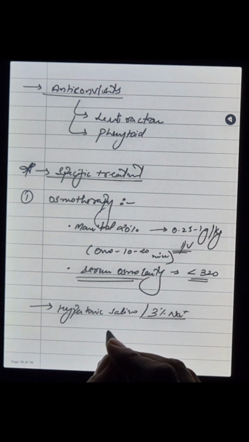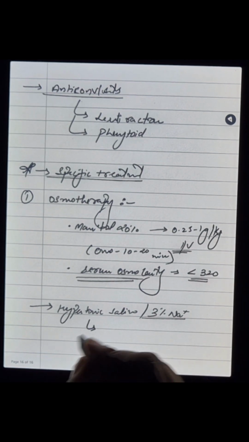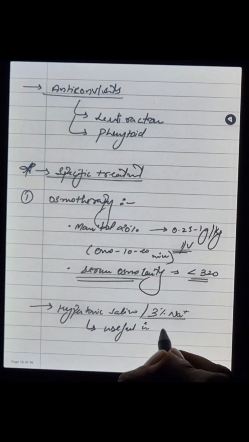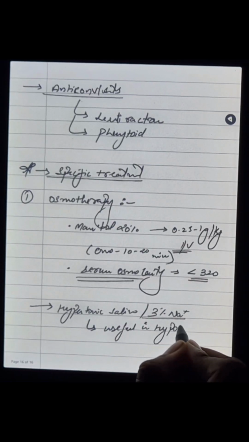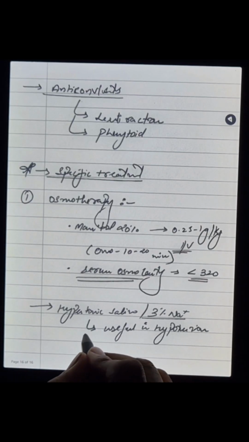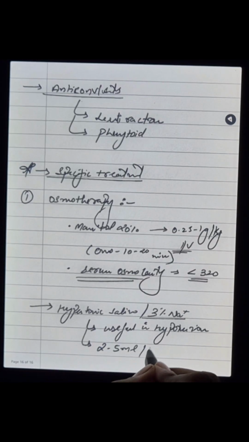And it is useful in patients who face hypotension. So it is useful in hypotension, and it is given as a bolus of 2 to 5 ml per kg bolus IV.